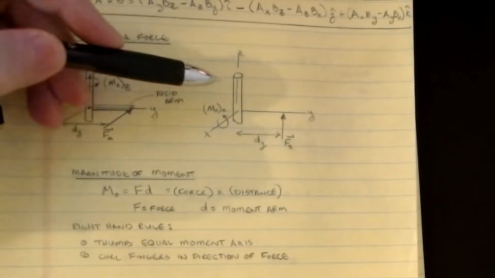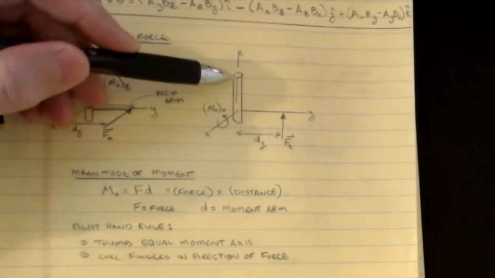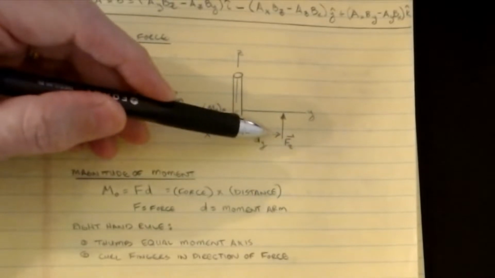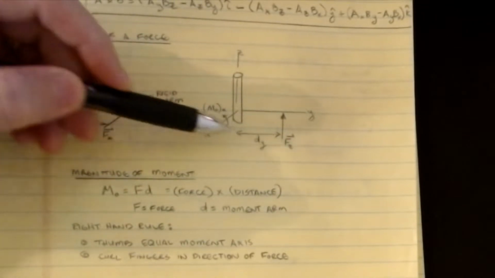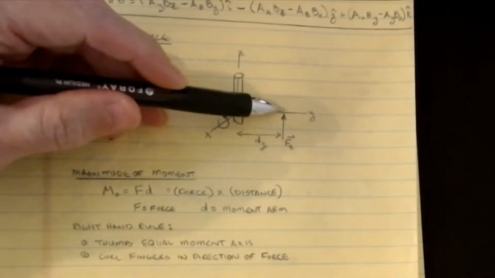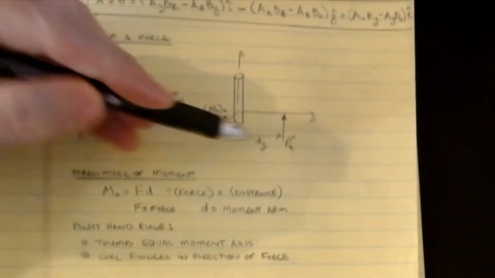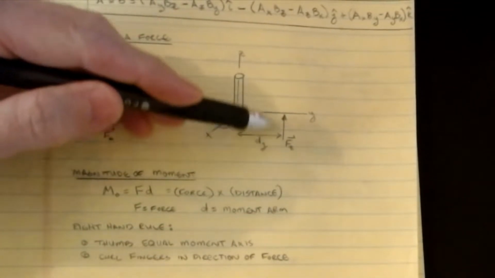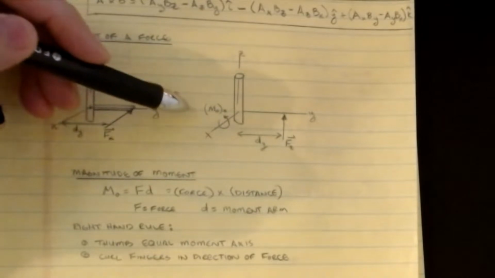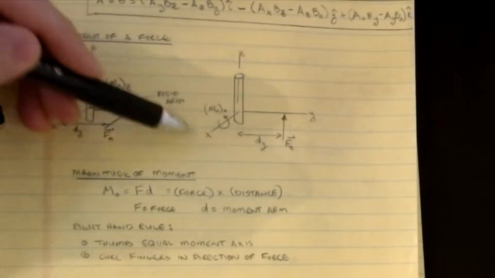Likewise, if I look at a different picture, now I have that same rod, and I take a force, an Fz force with the same dy dimension. It's applied at the same location as the one that was here, but it's just in a different direction now. This positive Fz force will now cause a positive moment about the x-axis.